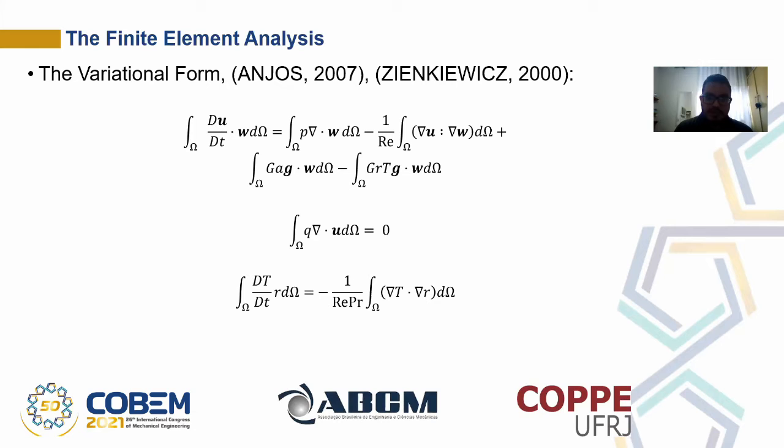And we also applied the Green theorem for the second derivative terms. So we have this term here. And since we have homogeneous Neumann and Dirichlet conditions only, we have no integration in the contour. So we have only the integration in the domain.